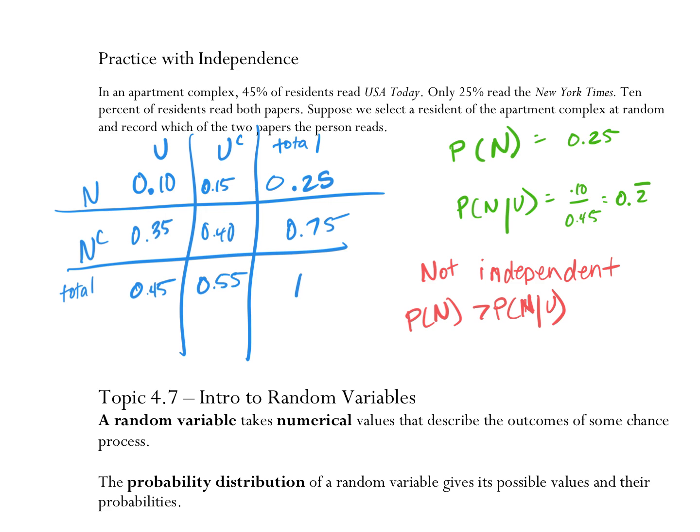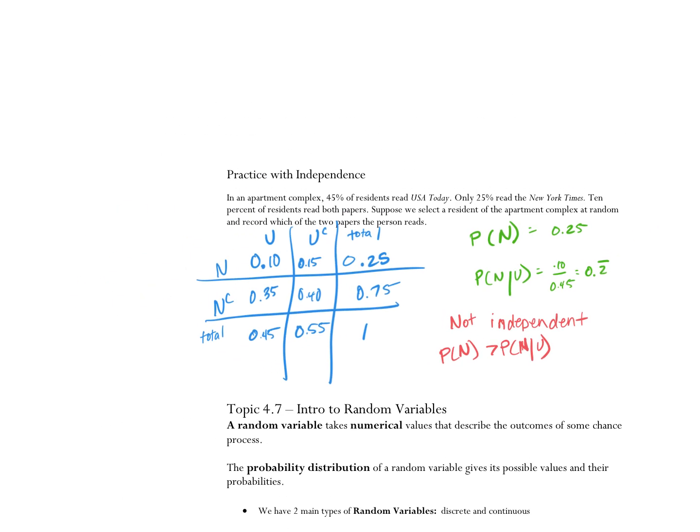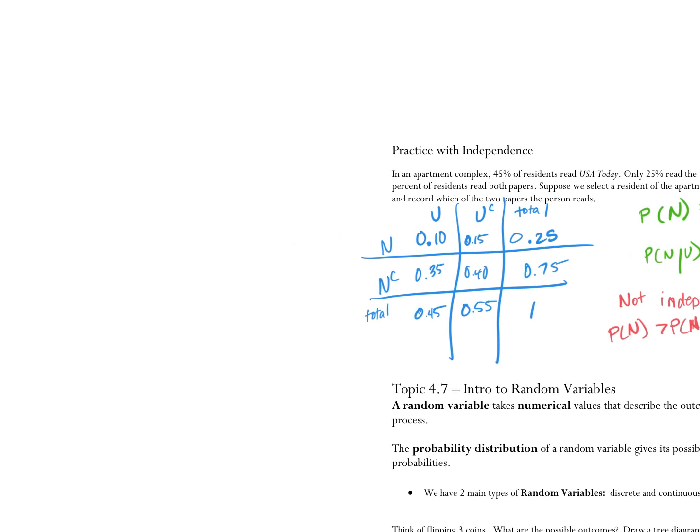Okay. I do want to talk about one more thing. Kind of make a connection for you guys here. Do you guys remember talking about the probability of A and B is equal to the probability of A times the probability of B given A has occurred? Is everybody good?